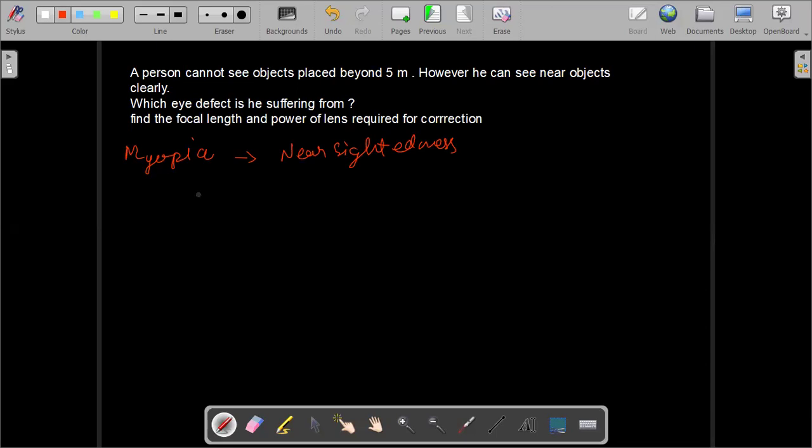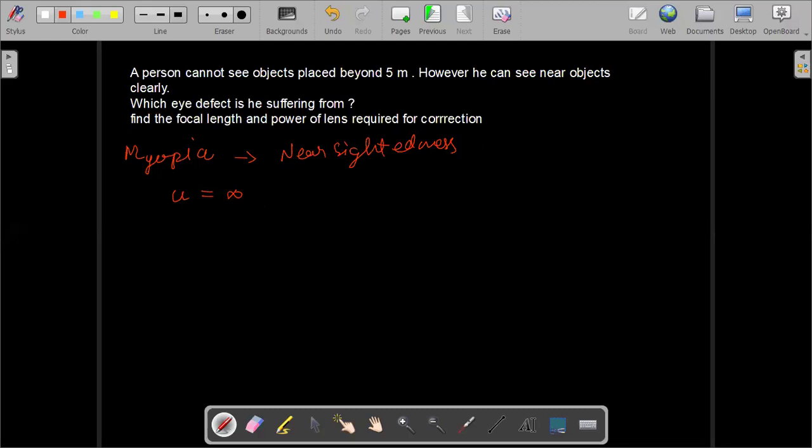Infinity. So whatever lens we use, that lens should be able to show us the objects which are located at infinity. So here the object is located at infinity and we want to see that object.